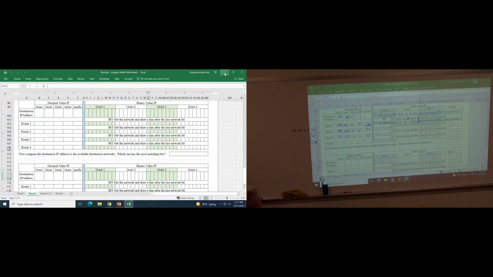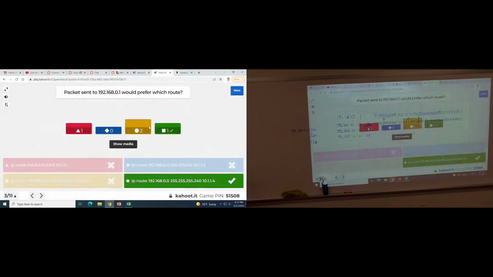Where do those numbers come from? 16, 24, 28. That's what's in the route table, on the route. See, look. When you look at the question, 192.168.0.0 with 255.255.0.0, that's a /16, right?